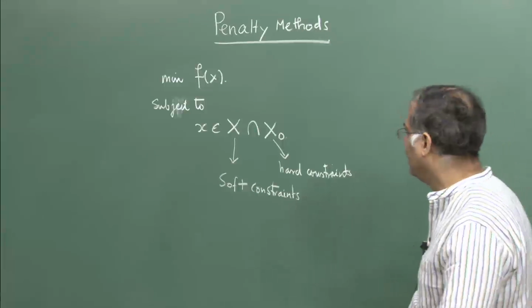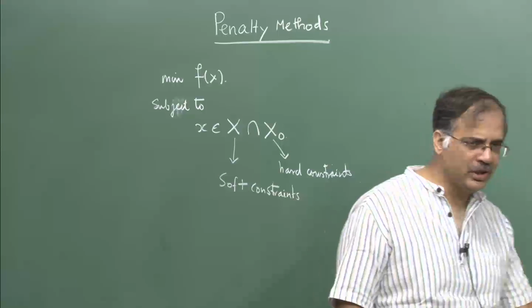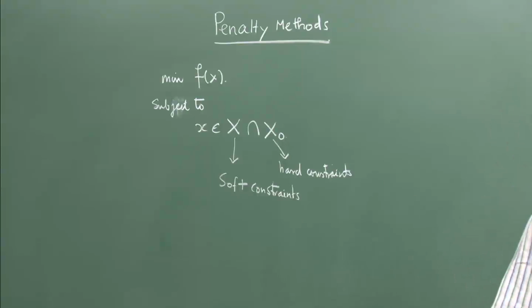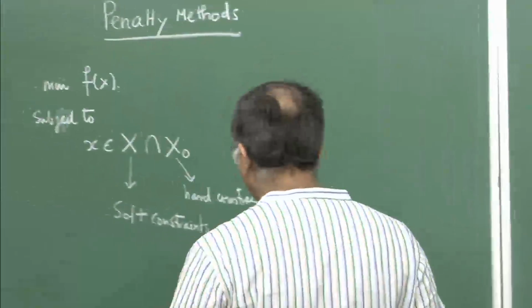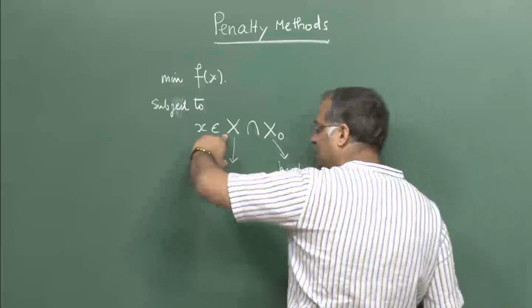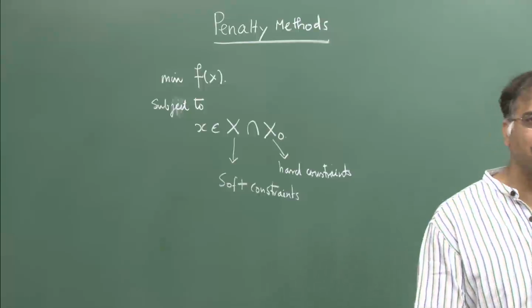But for these constraints, which we will call soft constraints, slight violation is not a very big thing to be bothered about. Once x is lying in X naught, slight violation of these constraints here is not a cause of great concern.